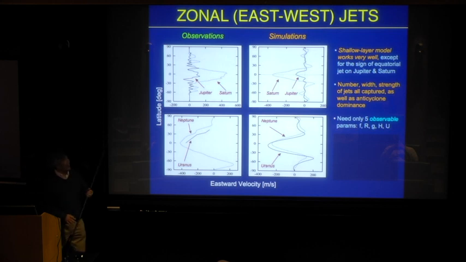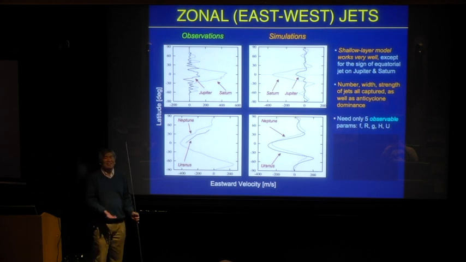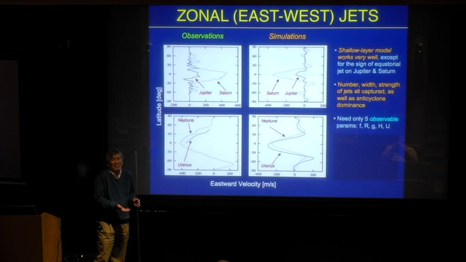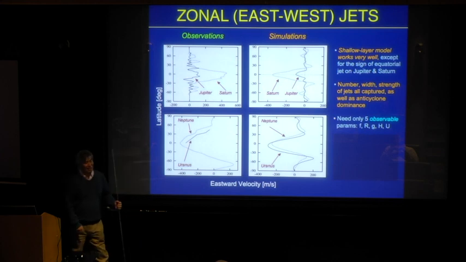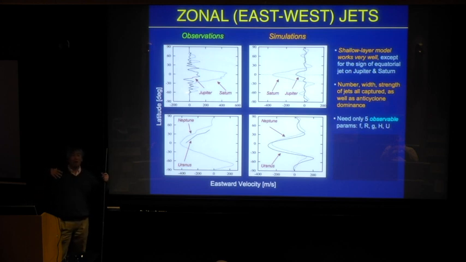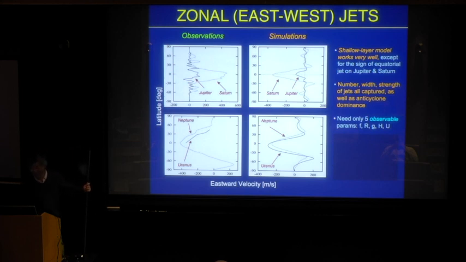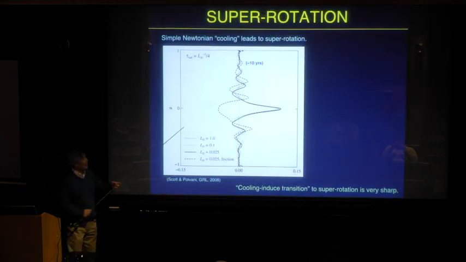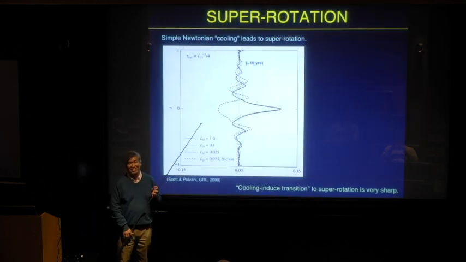It turns out what's missing is, of course, I haven't forced anything. This is a freely evolving calculation, nor do I have any sort of large-scale dissipation. In particular, we know Jupiter's cloud deck is radiating, it's cooling off, radiating infrared radiation quite efficiently. So if you put that in, it turns out you can naturally get the jet to reverse.